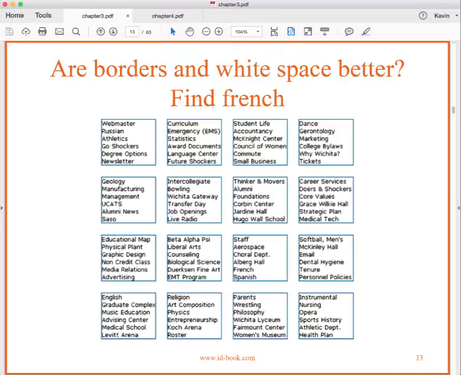So the outlining that we're looking at on page 3 isn't sophisticated graphical design, and yet it might be more effective. And that's what we're looking for. We're looking for effective. Ideally, we would like to do both. We would like our work to be beautiful, and we would like our products to be usable.